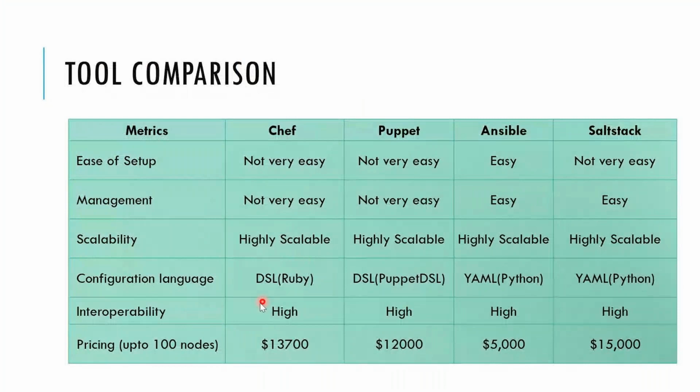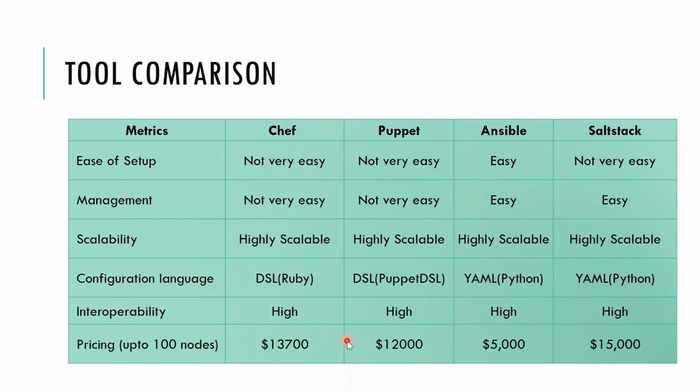When it comes to pricing, this is the old price, so now it might have increased, and it is also based on the number of nodes. I just put 1 to 100 nodes, but based on how many nodes you are going to control, the price will be different. For up to 100 nodes, the price is something like this.